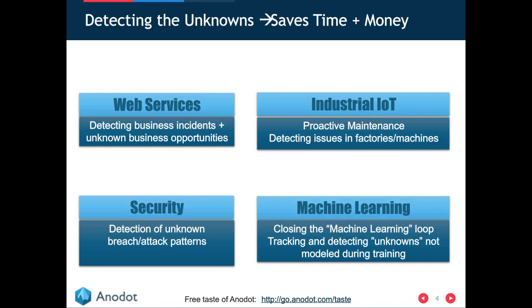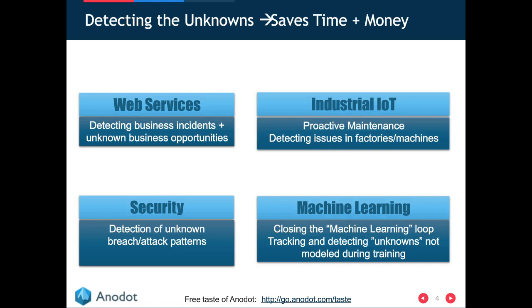Another area that is very hot these days is industrial IoT, where proactive maintenance is one of the main use cases, or detecting issues in factories or machines. And those also often require anomaly detection. Security is an obvious one, detecting unknown breaches or threats or attack patterns, and not just the ones that are known.